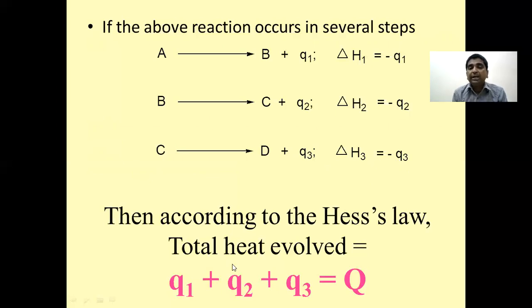Therefore, according to Hess's law of constant heat summation, the total heat evolved during the process can be either Q or the sum Q1 plus Q2 plus Q3, and Q1 plus Q2 plus Q3 is equal to Q.